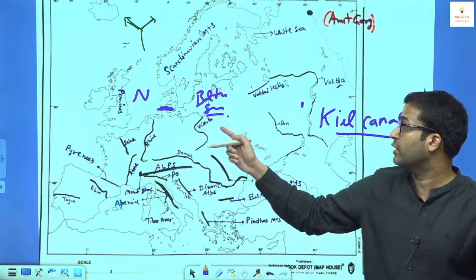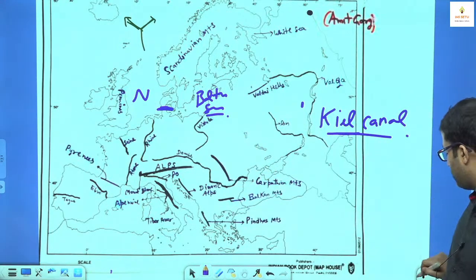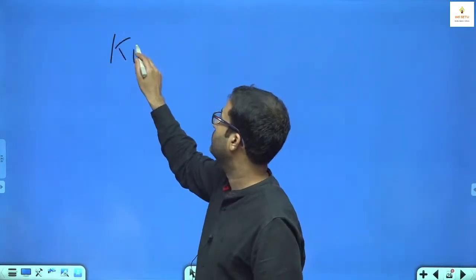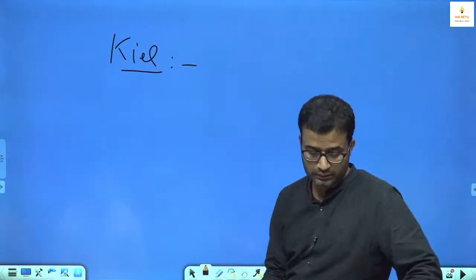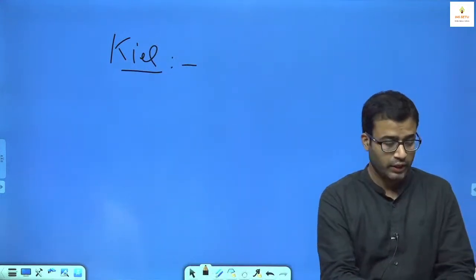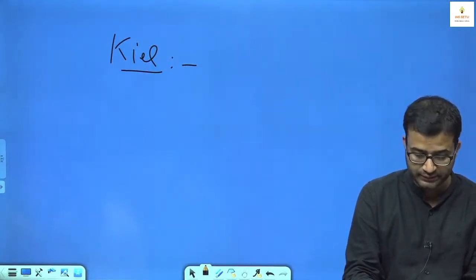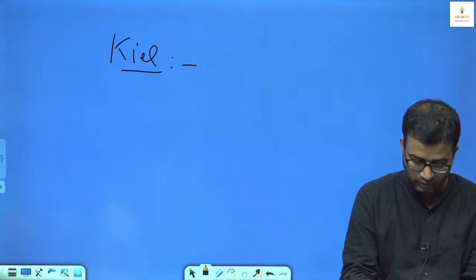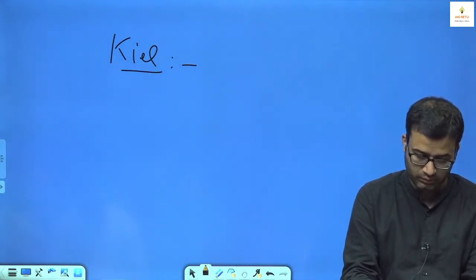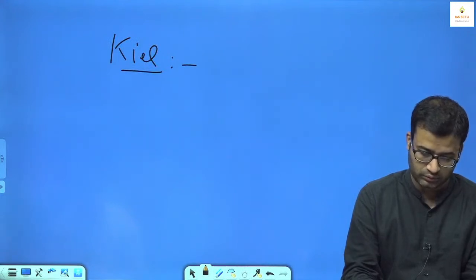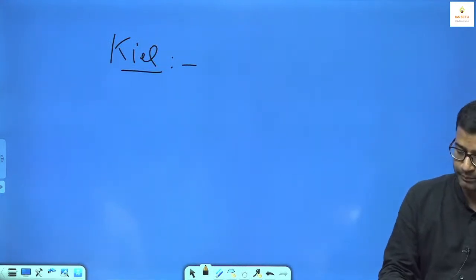So for this Kiel Canal you can note down Kiel, K-I-E-L. It connects North Sea with Baltic Sea.